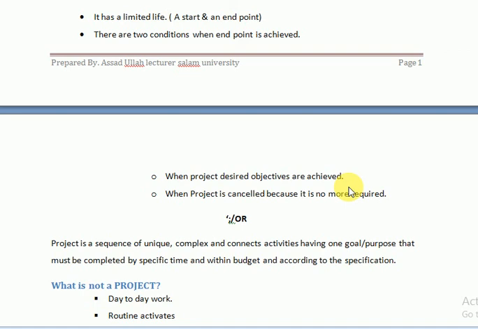For implementing a new system or process, projects are required. Similarly, to introduce new equipment, tools and techniques, and so on. So these were the reasons why projects are initiated.